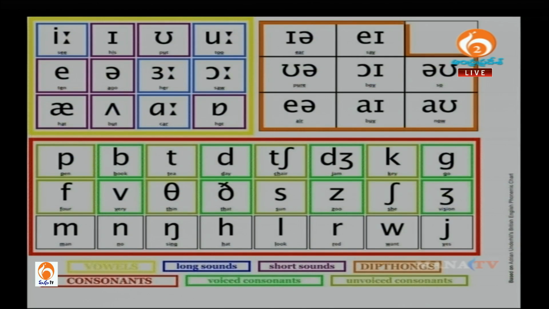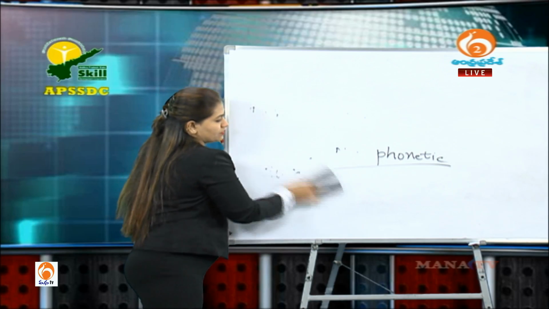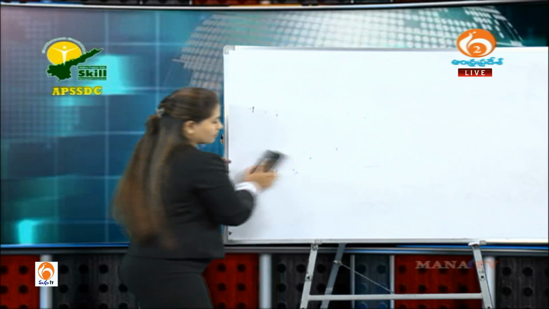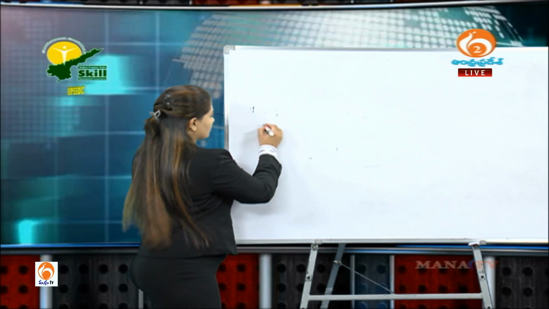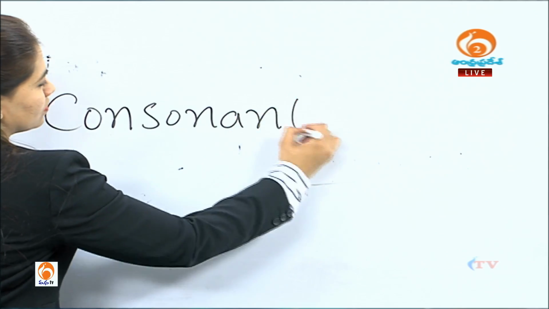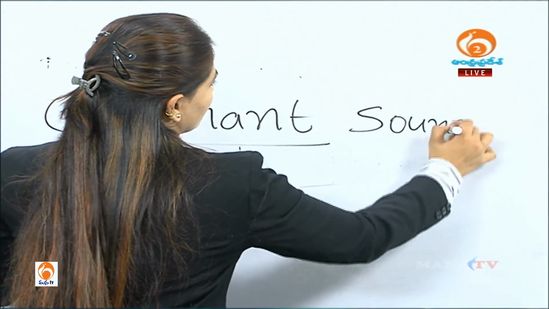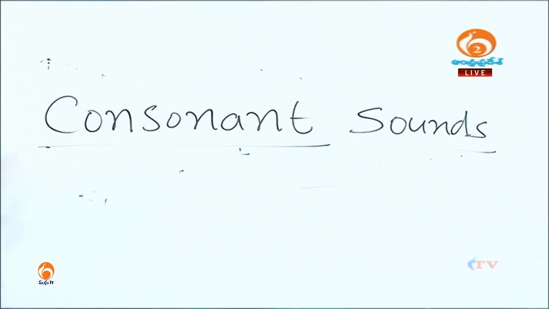So this particular block, from P, these set of sounds are called consonant sounds in English language. Let me make a note. So this is the word consonant sounds.